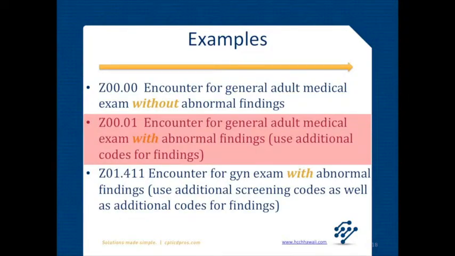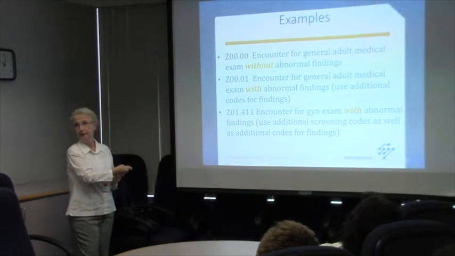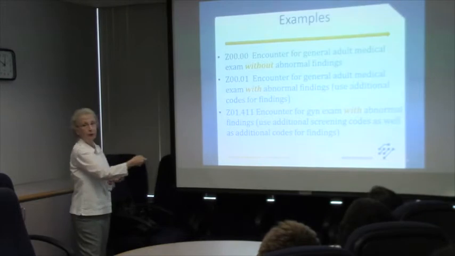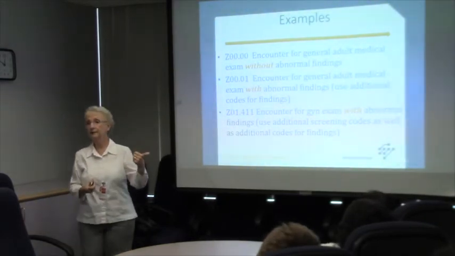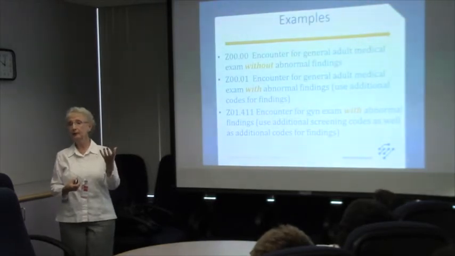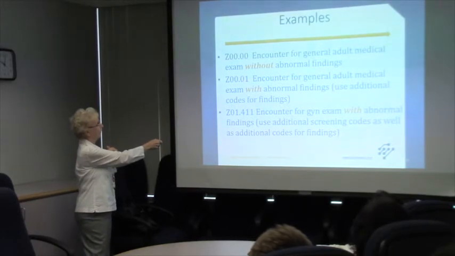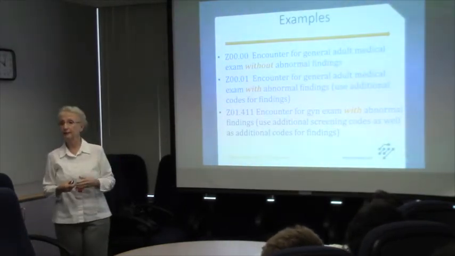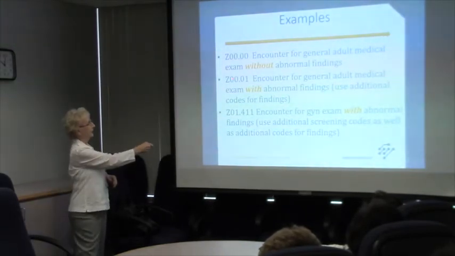So along that line, with the system requirement, you would never expect to get this by itself, because this means there was something abnormal, and coding guidelines require the provider to tell you what it was. So they come in for a routine physical and they find that they have an ear infection. Routine physical, abnormal finding, code for otitis media or whatever it is. So again, this is one that should never stand alone.